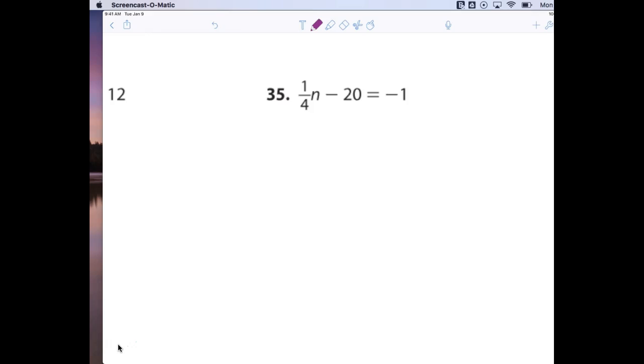Remember now, you have to get rid of the minus 20 first. Come on. Right? You have to get rid of this first, Thomas. How do you get rid of minus 20? Yeah, add 20. Come on, Thomas. You got this, buddy. Add 20.